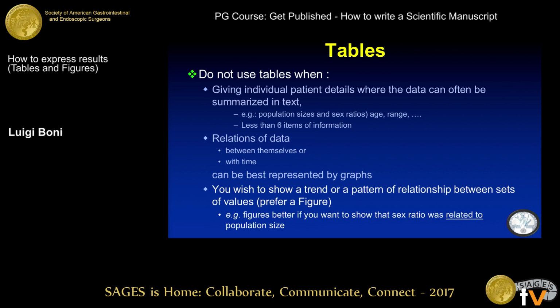You should not use the table when you have relationship data, you know, relation within time or between data themselves. These are better represented in a graph, and you will see some examples. And you should not use a table when you want to show a trend or a relationship with time, because in this case it's better to use figures or a graph as well.